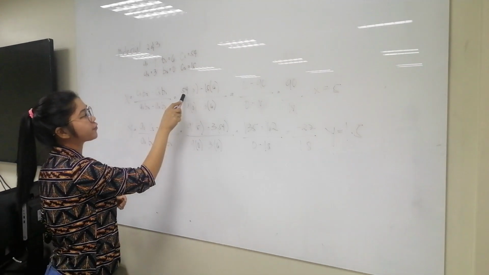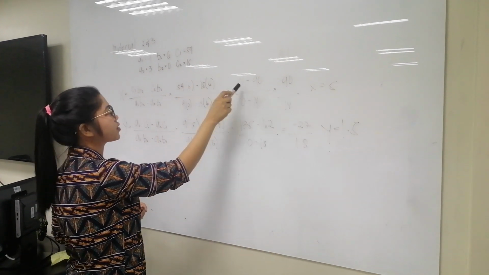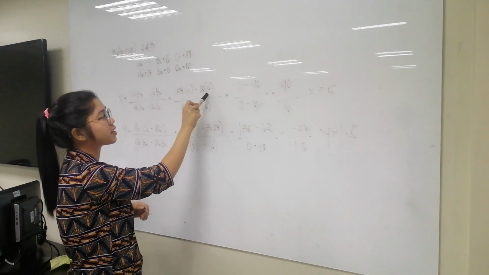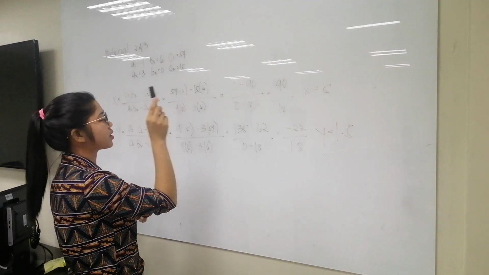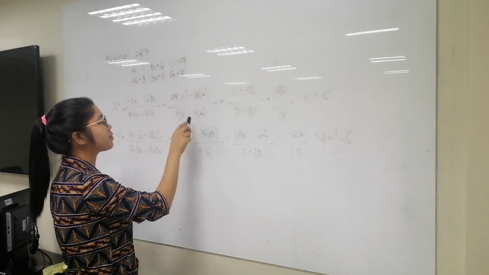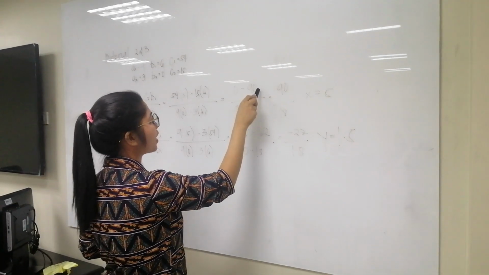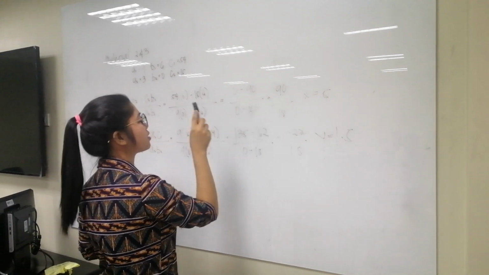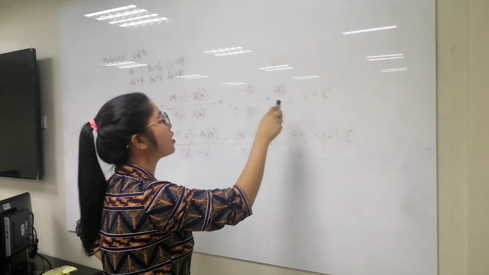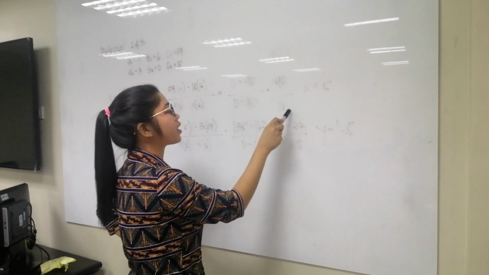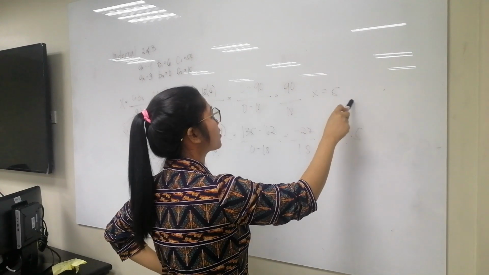So, 54 times 0 is equal to 0. 15 times 6 is equal to 90. 9 times 0 is equal to 0. And 3 times 6 is 18. 0 minus 90 is equal to negative 90. 0 minus 18 is equal to negative 18. 90 divided by 18 is equal to 5. So the answer is x equals 5.